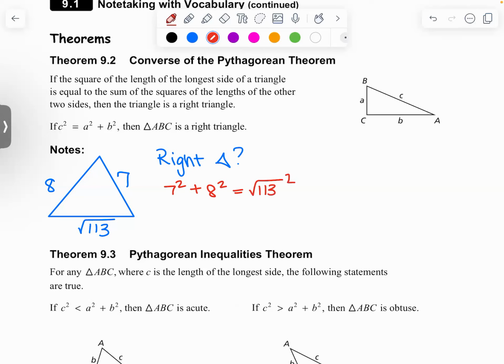The square root of 113 is our longest side, so that's going to be our potential hypotenuse. What is the square root of 113 squared? It equals 113. And then we have 49 plus 64. What is that? 113. So yes, we have a right triangle.